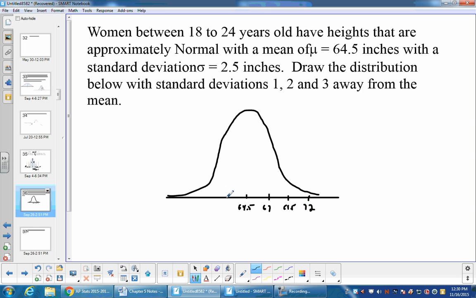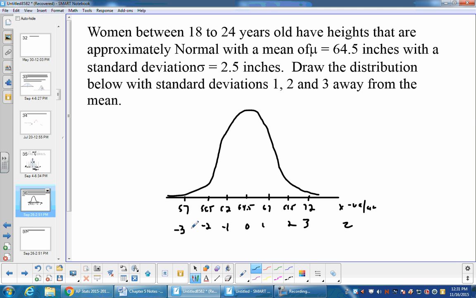Now, if I go backwards, this would be 62, 59.5, and 57. So those are our standard deviations. Those are what we call the x values. If I wanted to use the z-scores instead, I could just have 0, 1, 2, 3, -1, -2, -3.